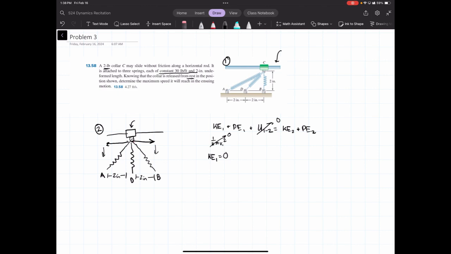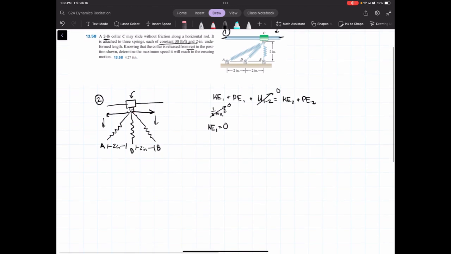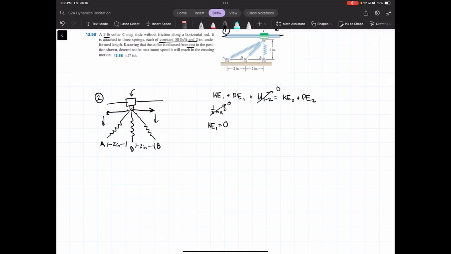And we don't have anything coming from gravitational potential, because if this is our reference plane, we never move from this reference plane, so we just have the springs to worry about. So we need to consider each spring, and we know that the potential energy for a spring is going to be 1/2 times the spring constant times the length that the spring is stretched, and that's squared.